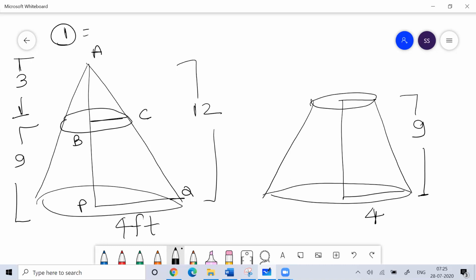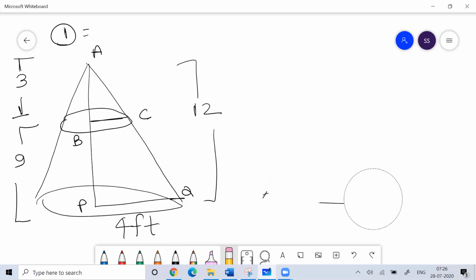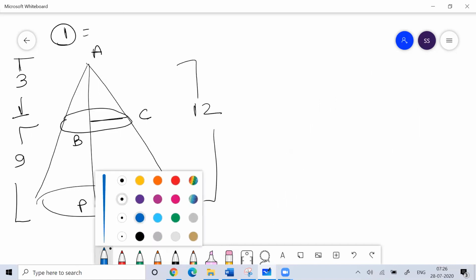Now, if you understand the property of similar triangles, you can say that triangle ABC will be similar to triangle APQ. If the two triangles are similar, then the sides are proportional.